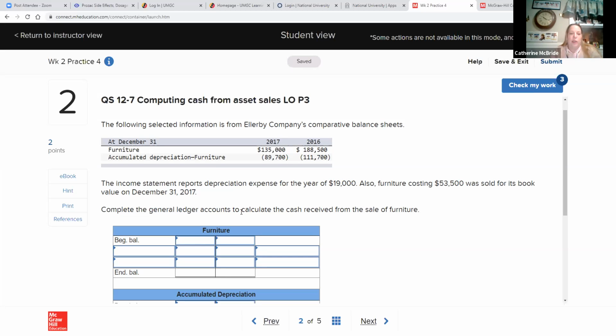Okay, complete the general ledger accounts to calculate the cash received from the sale of furniture. Why is this even here? So the beginning balance in furniture is 2016, is 188,500. The ending balance is 135,000.